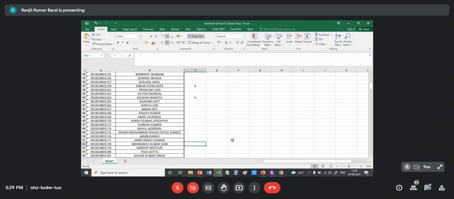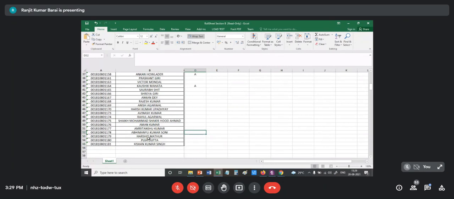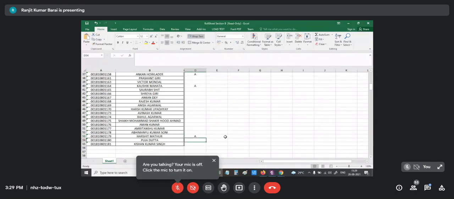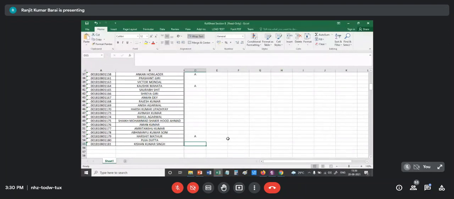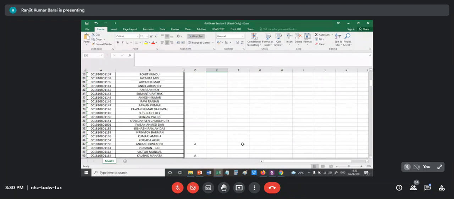Abhimanyu, present sir. Harshit Mathur, is he present? Pooja Datta, present sir. Kishan Kumar Singh, not responding. Sir, Shomodip Boshak and Faizan are present.